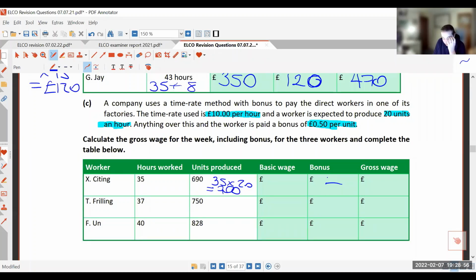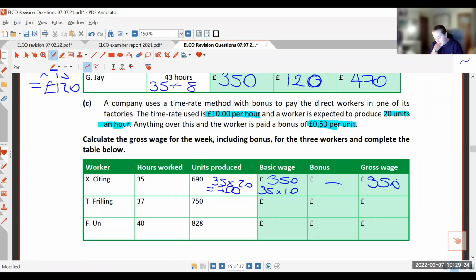So they just get their basic wage, and funnily enough, it's very similar to what we had before. 35 hours times £10 an hour is £350. They don't get a bonus because we didn't make the grade on that, so we've just got a wage of 350.